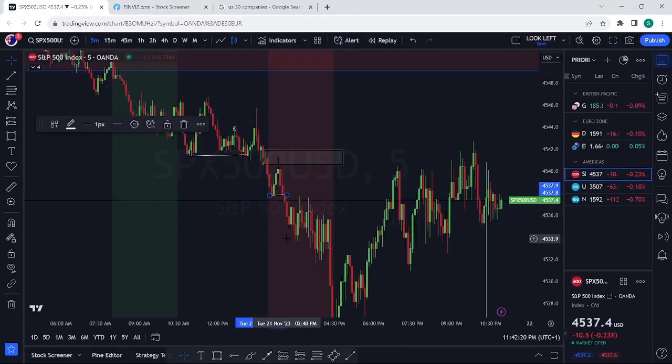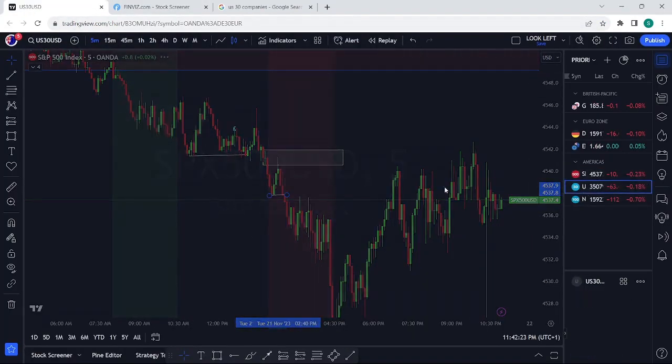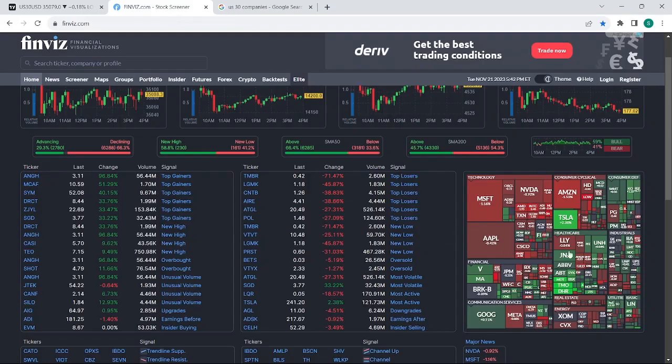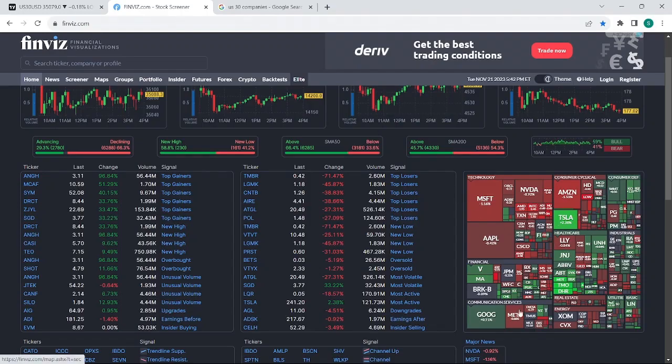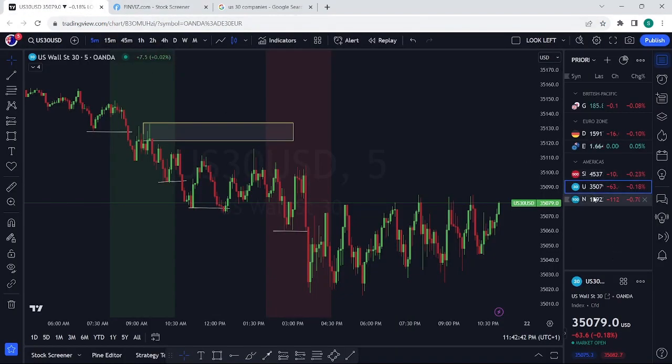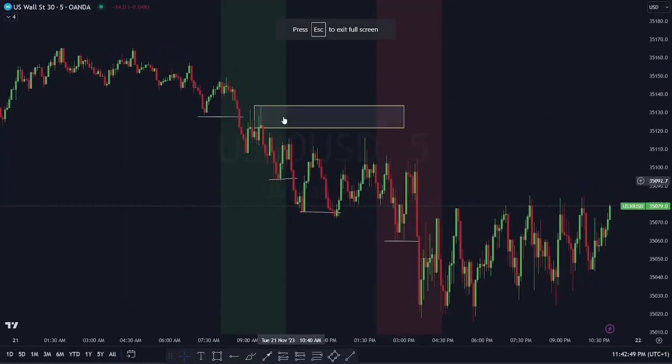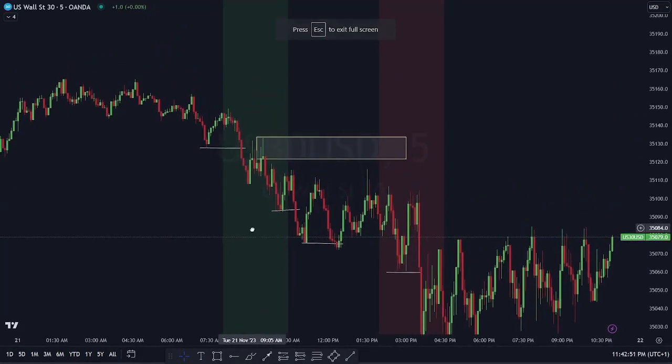I'll be looking for the market breaking structure to the upside. If all these are green, that means the companies here and all the indices are bullish. But if they are red, that means the companies here are bearish. So I use that for color calibration to make the trade on all my indices.